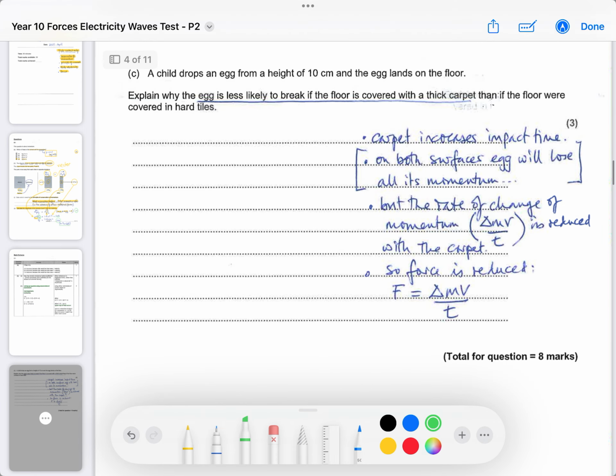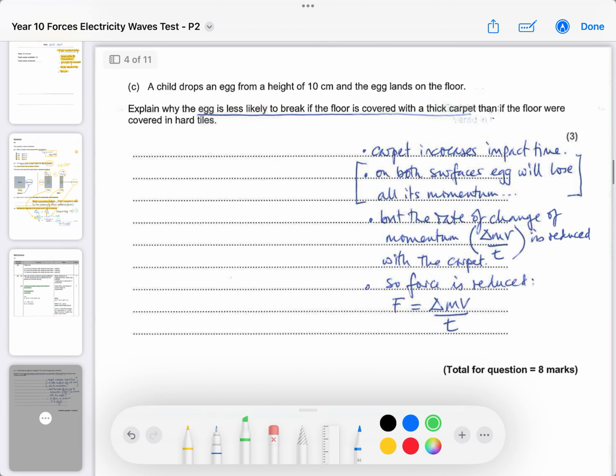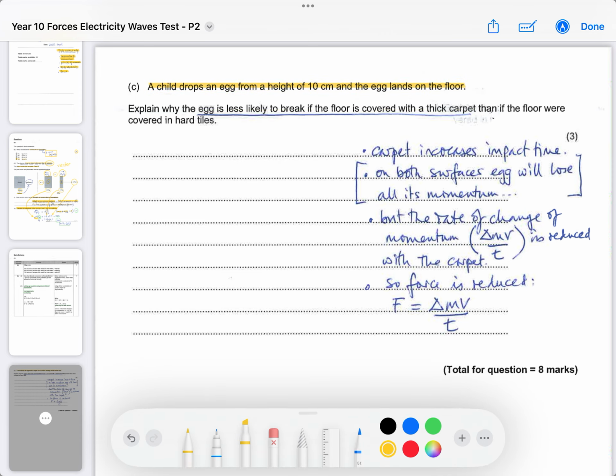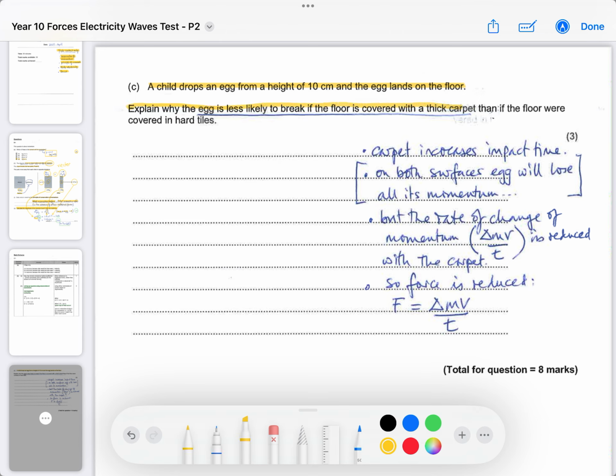The next question is also related to this question, part C. It says a child drops an egg from a height of 10 centimeters and the egg lands on the floor. Explain why the egg is less likely to break if the floor is covered with a thick carpet than if the floor were covered in hard tiles.